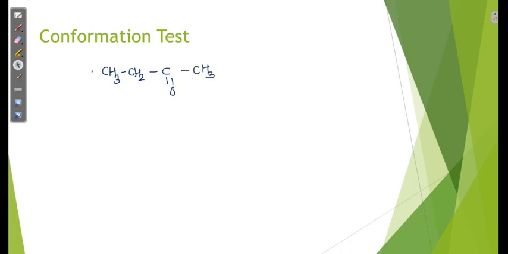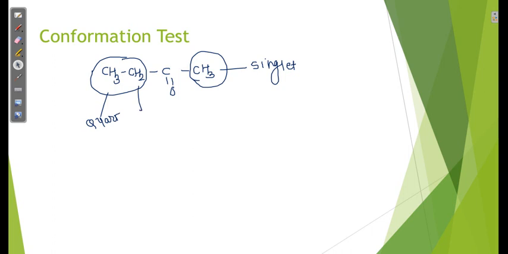Based on reverse engineering, yes, the CH3 will give the singlet, this CH2 will give a quartet, this CH3 will give a triplet, and the carbonyl group is confirmed near 1700 cm-1.